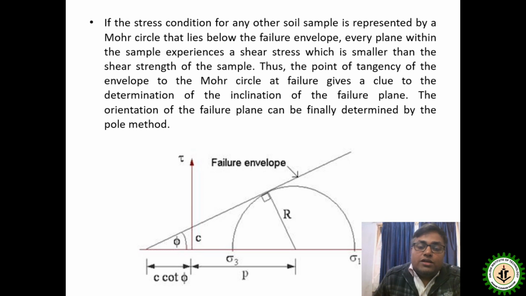Now for this typical Mohr circle, that is the failure envelope, the inclined line has a c intercept along the y-axis, that is the cohesion, and if we extend it in the negative x-axis direction, the distance of the point where it meets the x-axis is c cot phi.